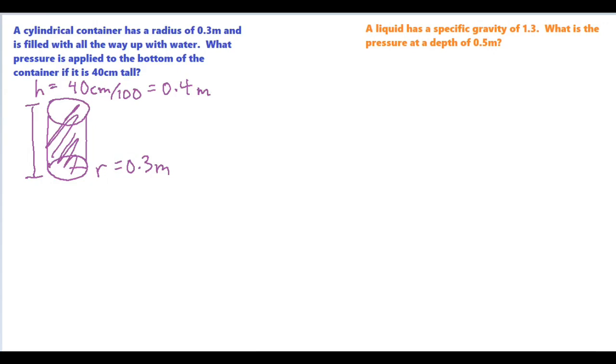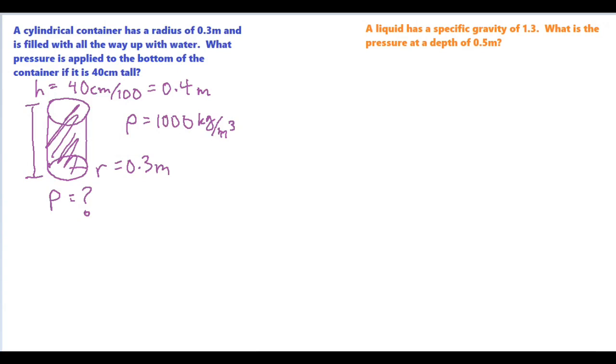And then from there, we are looking for the pressure. Now, a couple things we know about this problem is that we do know the type of liquid, which is water. And with water, we know that the density is 1,000 kilograms per meter cubed.